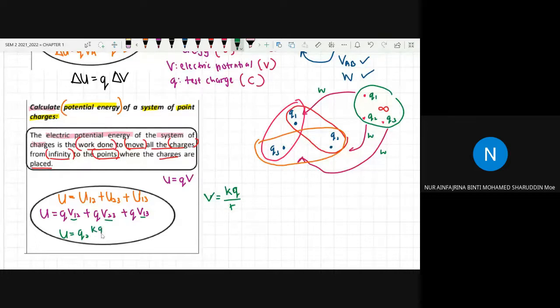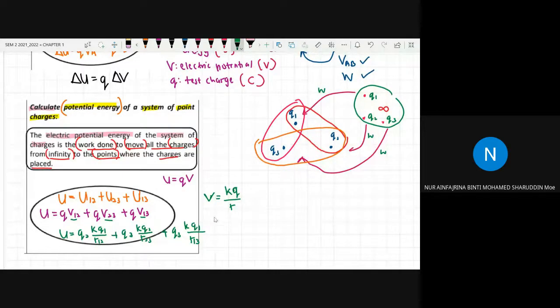Q1 KQ2 over R12 tambah Q3 KQ2 over R23 tambah Q3 KQ1 over R13.